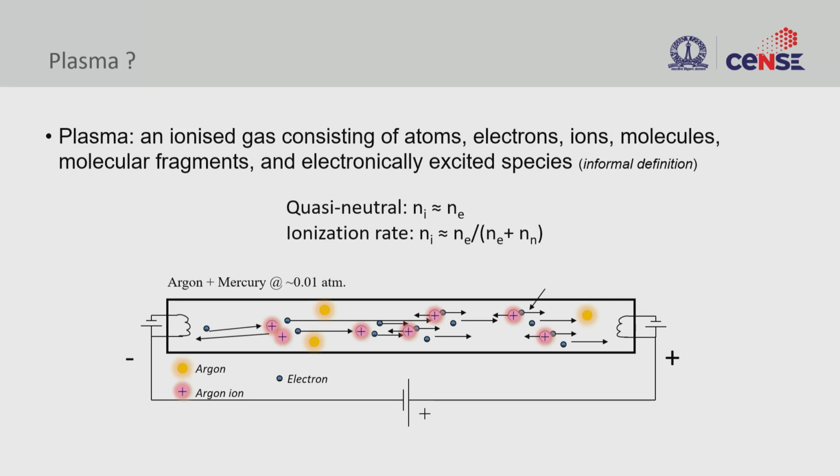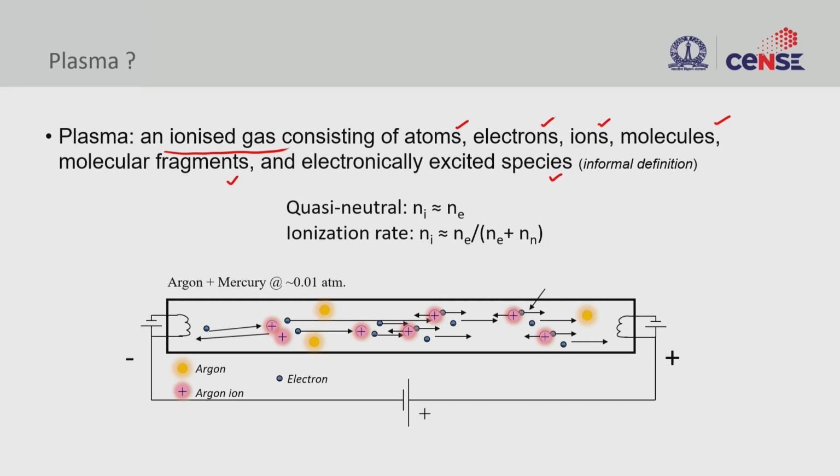So what is plasma? Going back to high school physics, it is another form of matter, but more interestingly it is an ionized gas that contains atoms, electrons, ions, molecules, molecular fractions and electronically excited species. It's not a simple matter, it's a very complex matter.